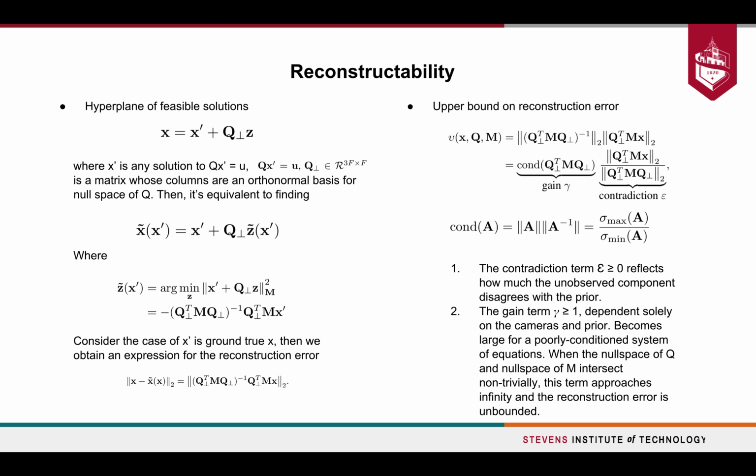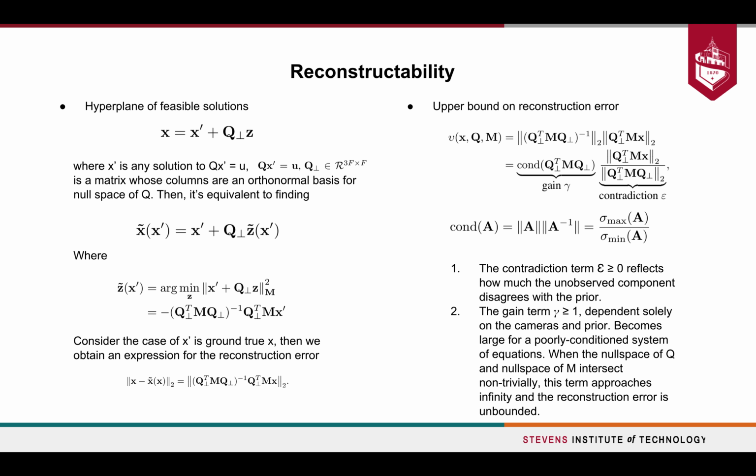and the null space of Q and the null space of M. If they intersect a lot, then this value will be very big, which means the reconstruction error is unbounded. Here M is actually related to the null space of Q, which is the trajectory basis.